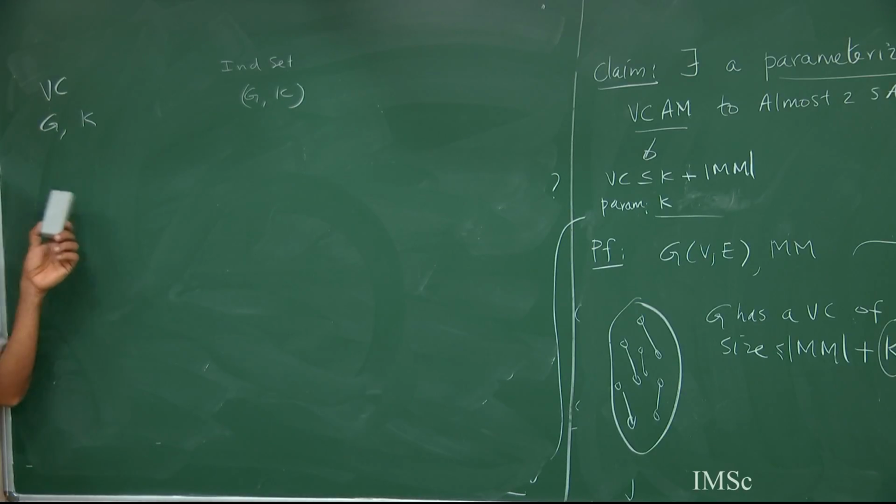There is a reduction from vertex cover to independent set, because basically the set complement of a vertex cover is an independent set in the same graph.